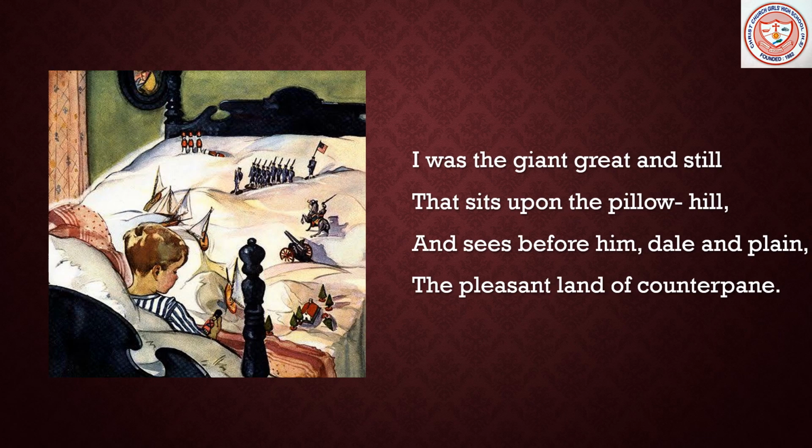In the fourth stanza, the boy was calling himself the giant great because there were all the toys on the bed except the little boy. So the boy was thinking himself as a big thing. He was sitting on the bed along with the pillow hill. It was looking like a dell.